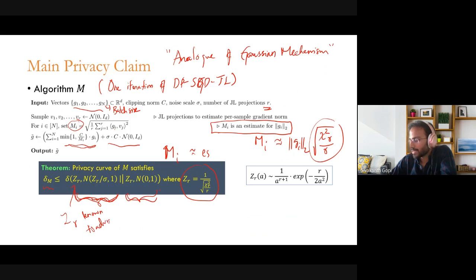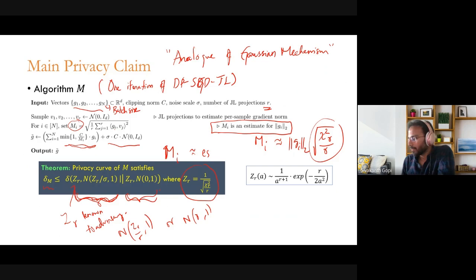So you tell the adversary what you sampled, and now either you sample according to a normal with mean ZR by sigma, or it is just 0. So you're basically telling the mean to the adversary, and the mean is sampled from some distribution, and then the adversary has to distinguish between this shifted normal and the true normal distribution. So this is the main part of the privacy proof.